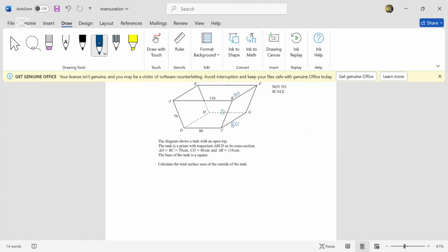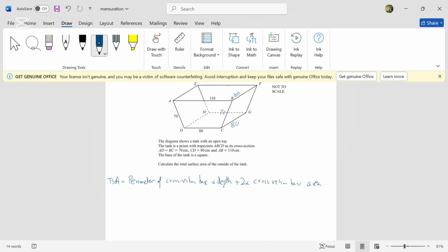We have a formula for the total surface area of a prism. Let's write it down. TSA of prism is equal to the perimeter of the cross-sectional base multiplied by depth, plus 2 times the cross-section base area.